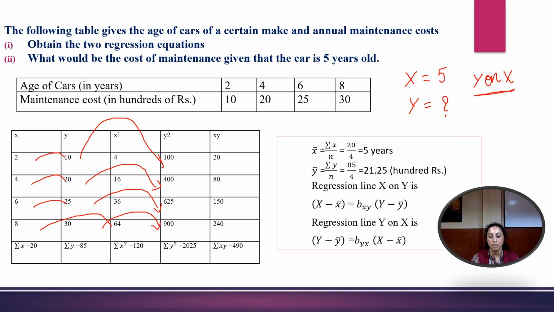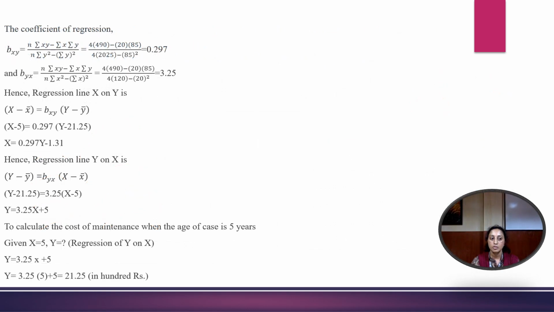Now the regression line X on Y is given by the formula X minus X bar is equal to BXY into Y minus Y bar. The regression line Y on X is given by Y minus Y bar is equal to BYX multiplied with X minus X bar. To find the regression line here, we have to calculate the regression coefficients BXY and BYX.